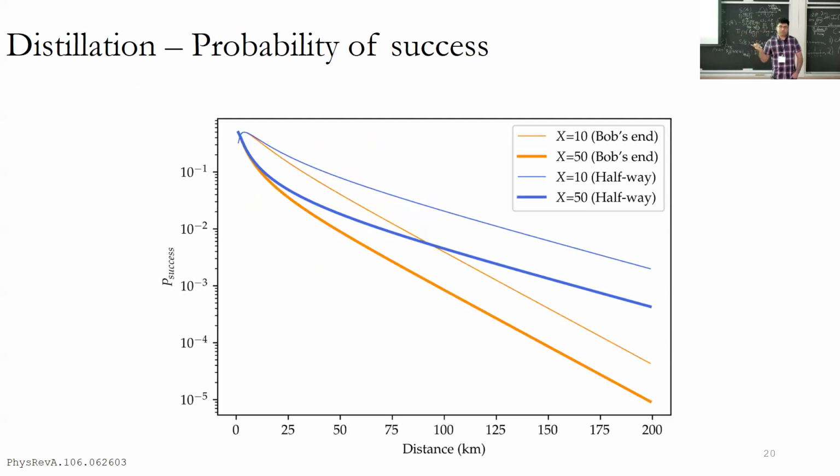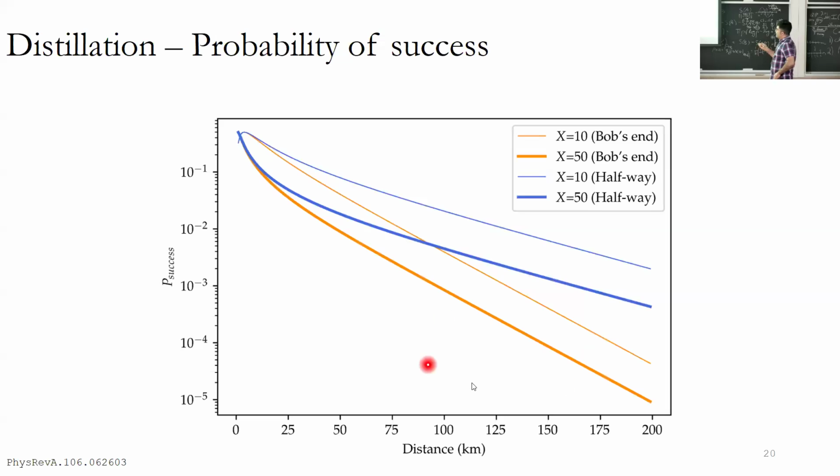Remember, I talked about fidelity and probability of success, and I said these are two important parameters for this kind of entanglement sharing protocol. And by just moving the relay between the two parties, you can improve the probability of success.